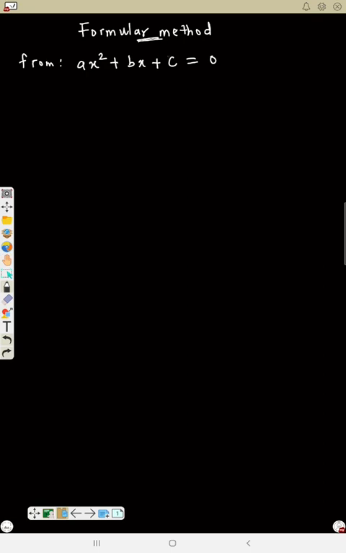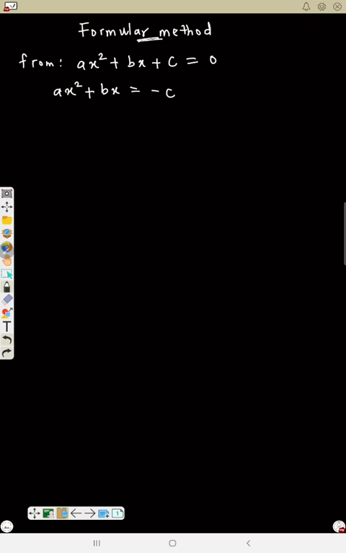The first thing is what? I'll take this one to the other side. It's the same approach we use in completing the square. You can check video 3 again. If this plus crosses here, it will become minus.